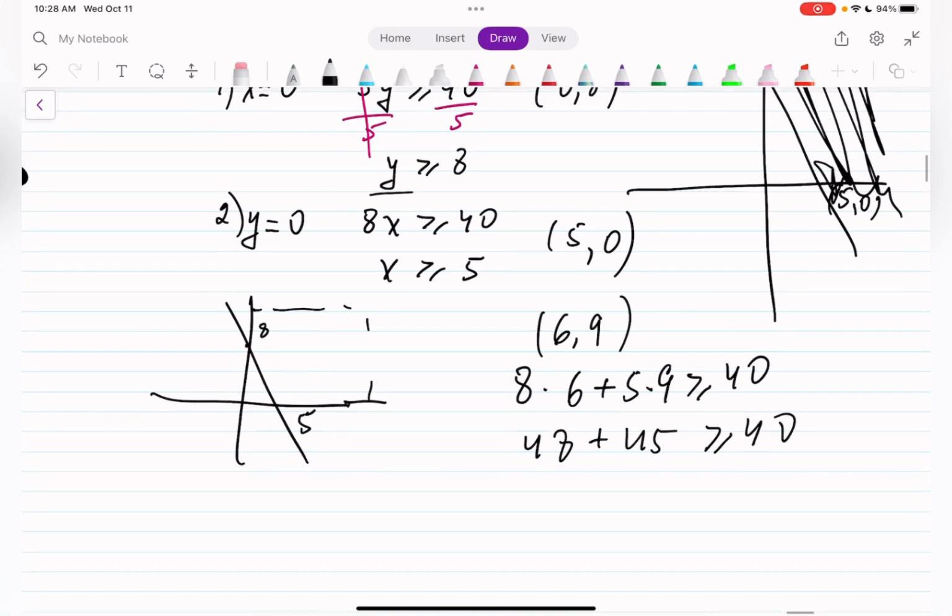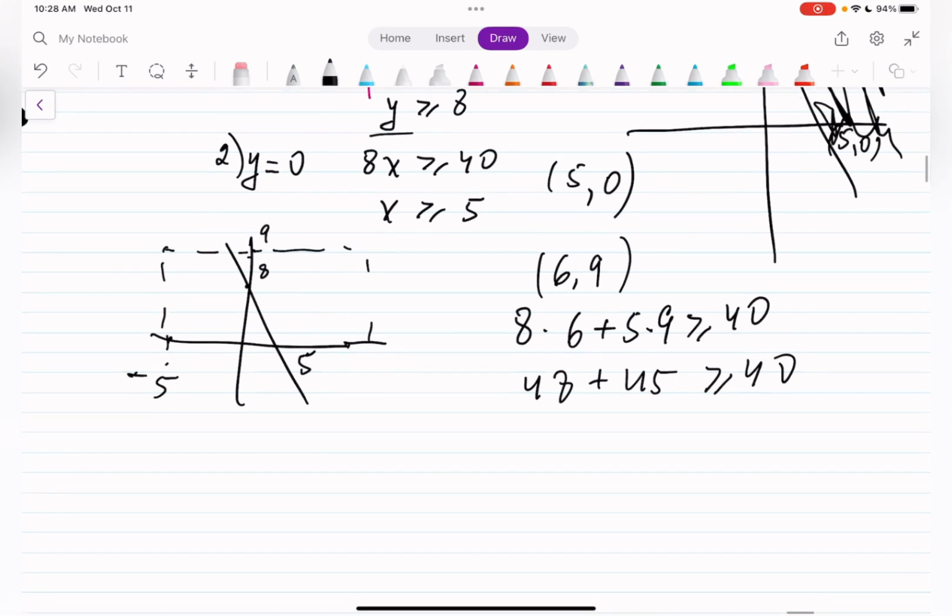But if I take here negative 5, let's say point negative 5, and positive 9. This inequality should not be satisfied, because if it is satisfied on one end, it shouldn't be satisfied on the other end.